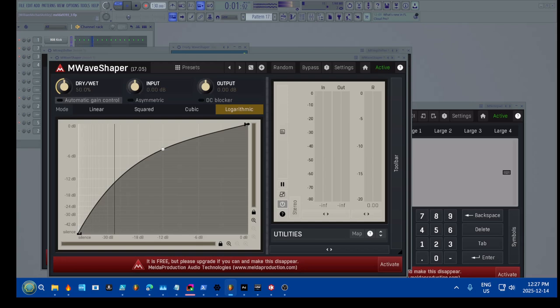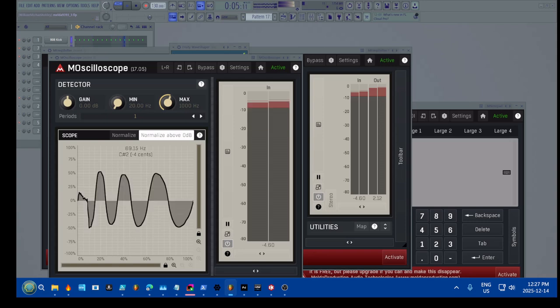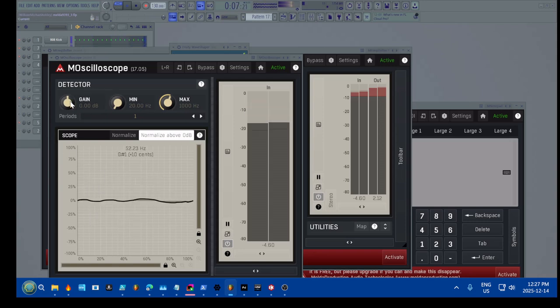But say you compare MOscilloscope. It's a decent oscilloscope, right? It allows you to have ranges, so min-max range, to zoom in on the range. So you compare that with, say, the oscilloscope I just threw together.